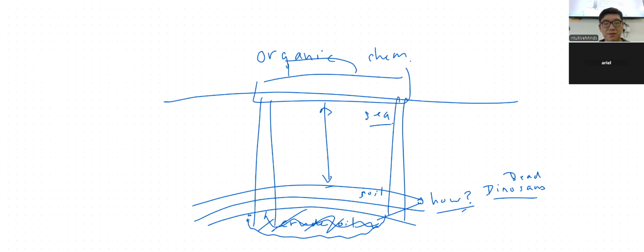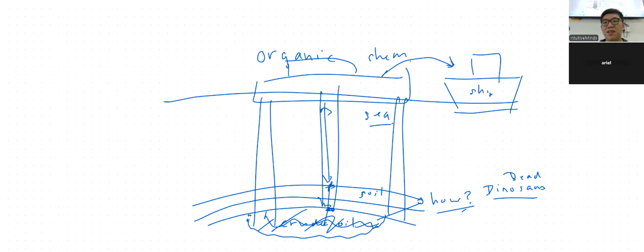The pipe goes down, they drill, and they suck the oil out through the pumps. My drawing is very artistic. Then the ship comes along, they transport the oil onto the ship, and the ship brings the oil away. So my question is, what do you do with that crude oil?